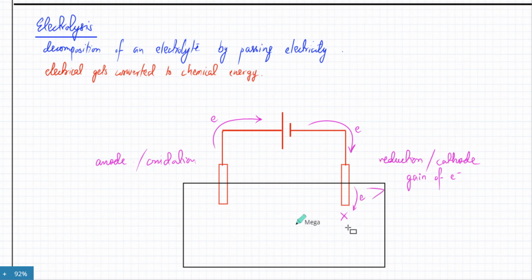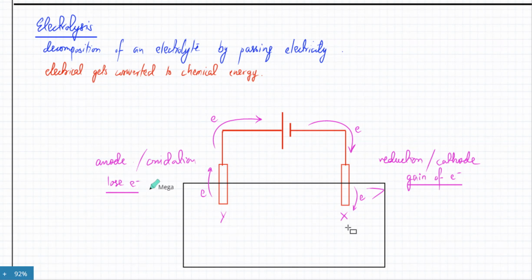And if another substance Y reaches the other end, the only thing it can do is lose electrons, because the battery is going to take electrons away from it. Electrical energy is getting converted into chemical energy. On this side, substances have to gain electrons and get reduced. On the other side, they always have to lose electrons and get oxidized.